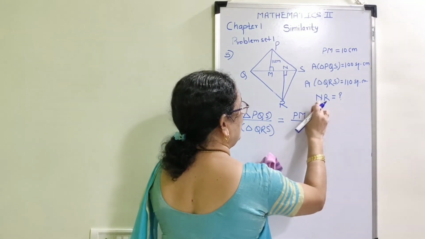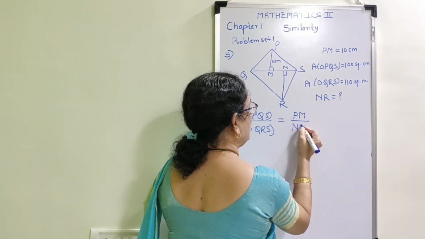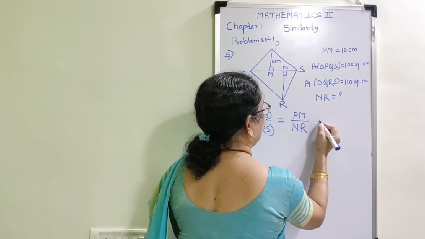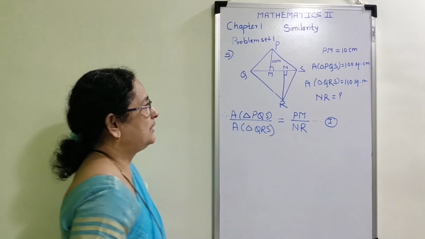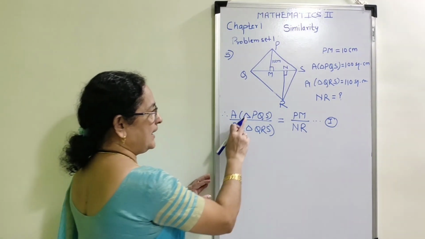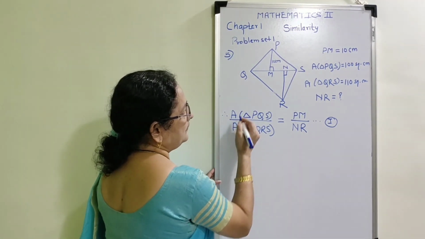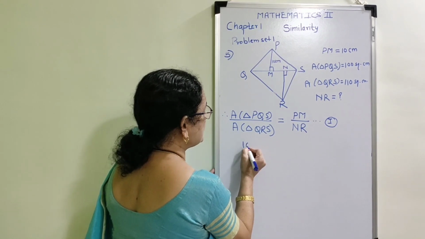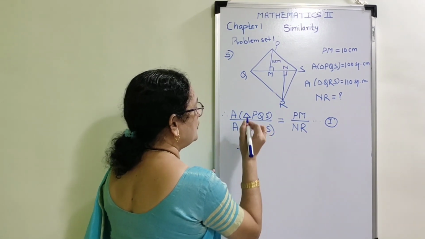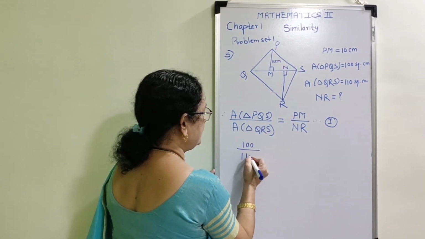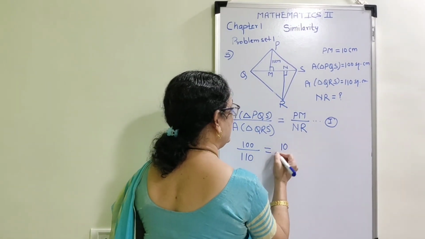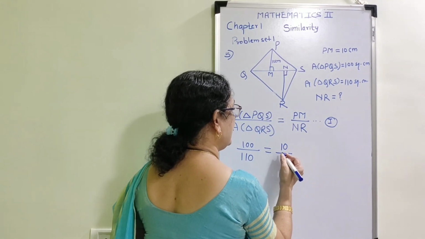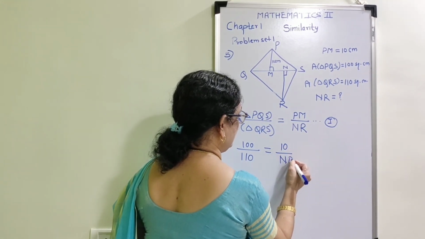Since they have given NR, I am going to write NR. Actually it is RN. Now by property I will get this my first statement. Now here I am having value of these two, that area of triangle PQS is 100, area of triangle QRS is 110, length of PM is equal to 10, and length of NR you are going to find out.